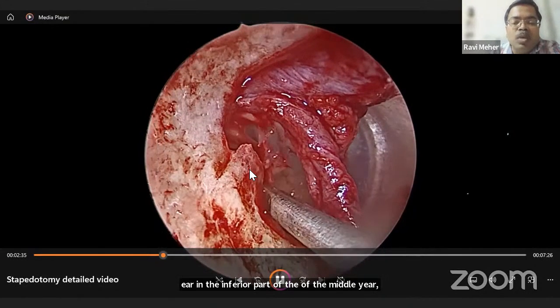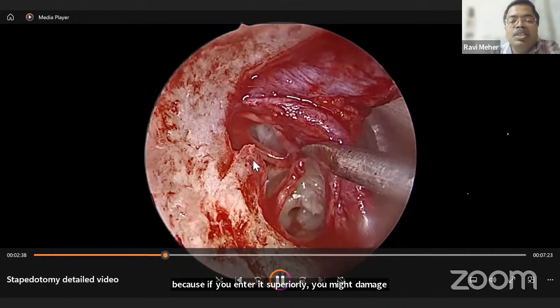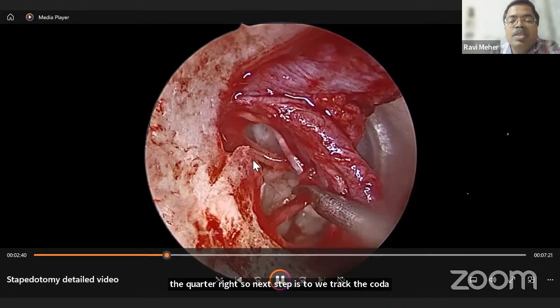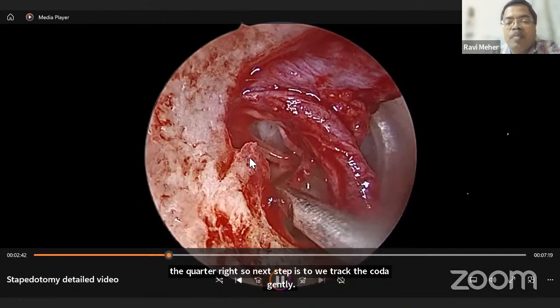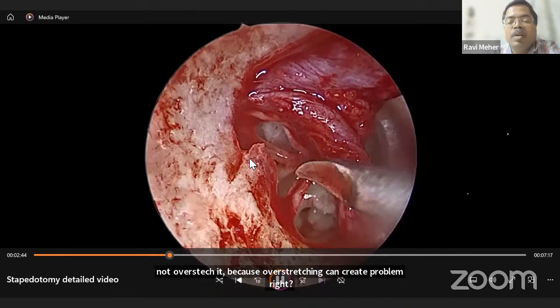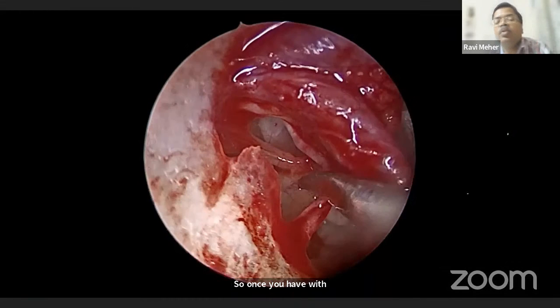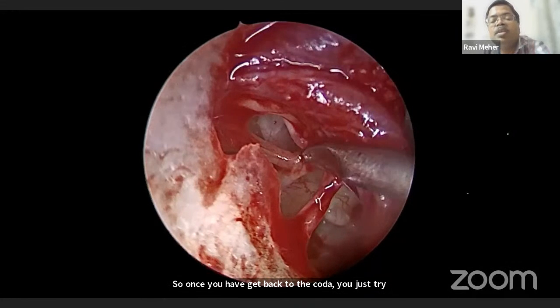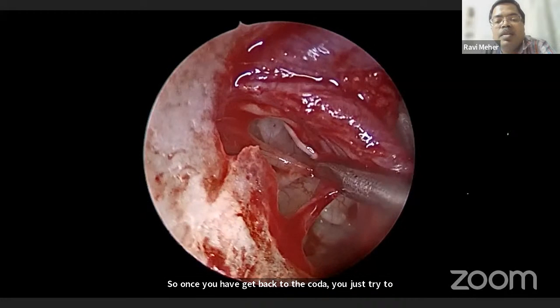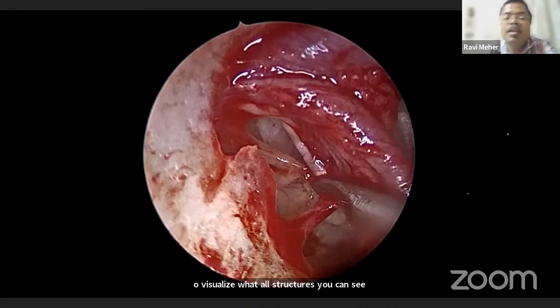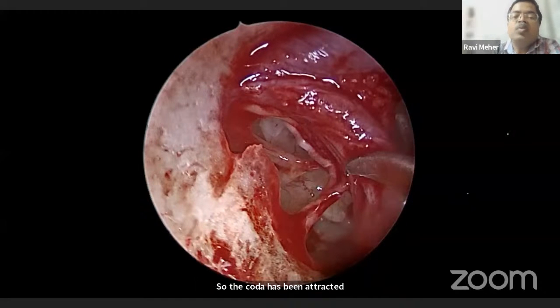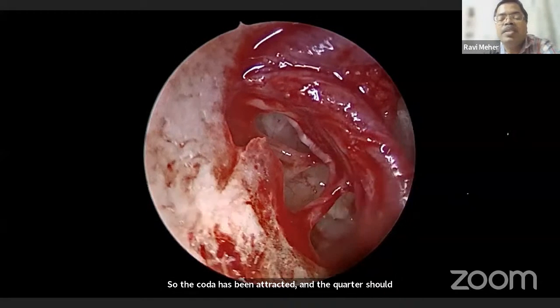So the next step is to retract the chorda gently. Do not overstretch it, because overstretching can create problems, right? So once you have retracted the chorda, you just try to visualize what all structures you can see. The chorda has been retracted, and the chorda should actually stick to the undersurface of the flap. So that is the best way.